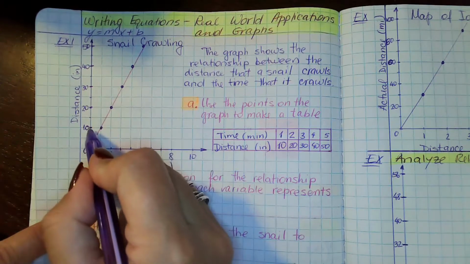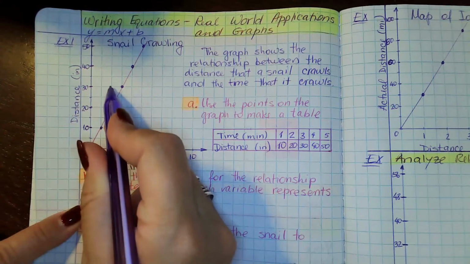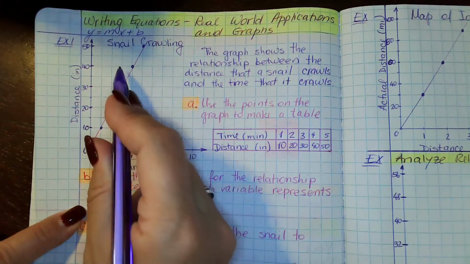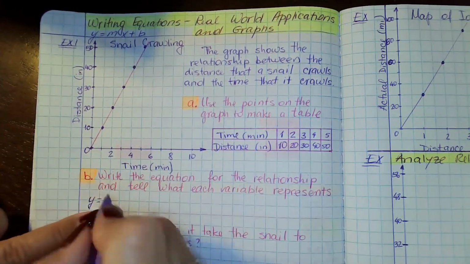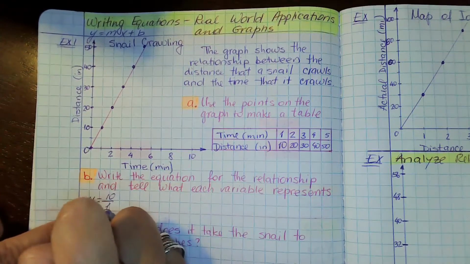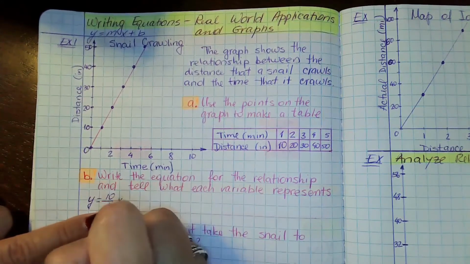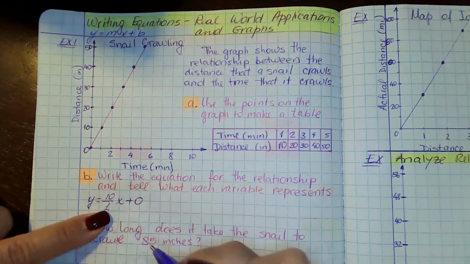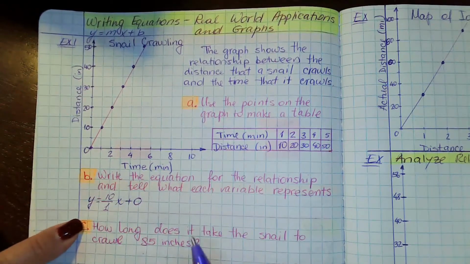So it's 10 inches per minute. 10 more inches, another minute. 10 more inches, another minute. 10 more inches, another minute. So your growth, or the slope, is 10 per 1. That multiplies by the number of minutes, and we start at 0. That same equation can be just y equals 10x.